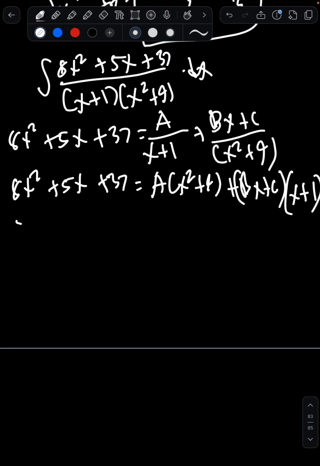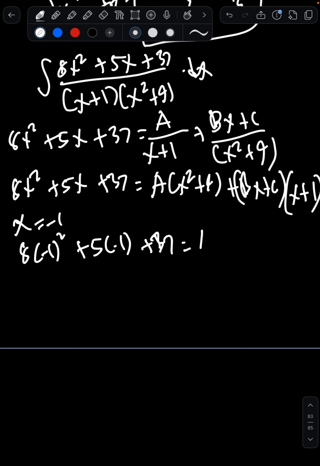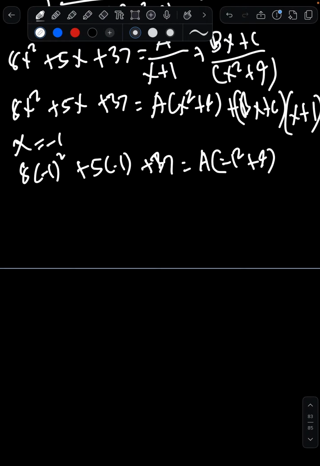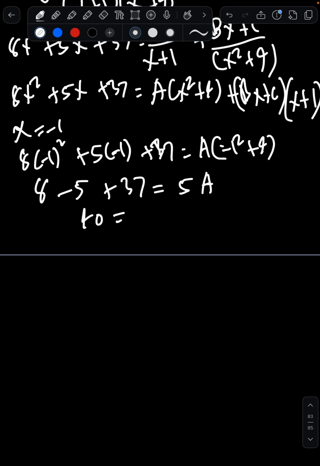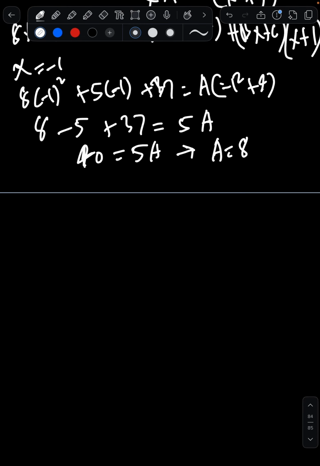So if we let x equal -1, we'll have 8 times -1 squared plus 5 times -1 plus 37 equals A times -1 squared plus 4. Simplifying the left-hand side will give you 8 minus 5 plus 37 is equal to 5A. This is just 40 on this side equals 5A, and A will be equal to 8 if you divide both sides by 5.